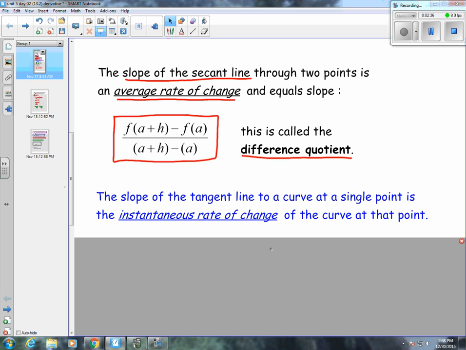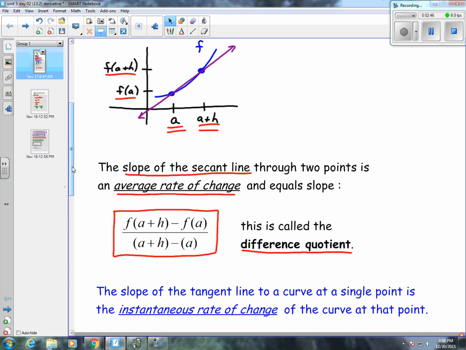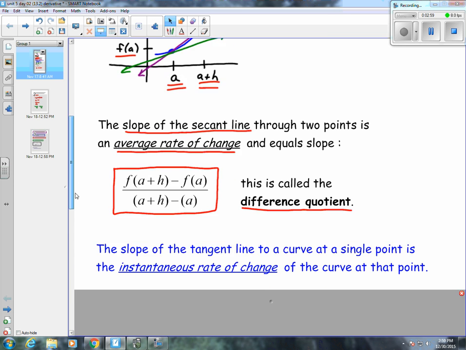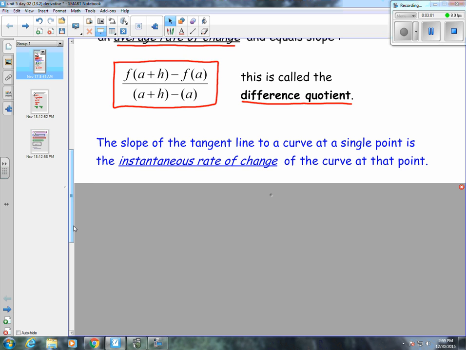The slope of the tangent line to a curve at a single point is the instantaneous rate of change of the curve at that point. So a tangent line, draw that in a different color, at a point would look like that. And the slope of that tangent line represents the instantaneous rate of change, i.e. the derivative.